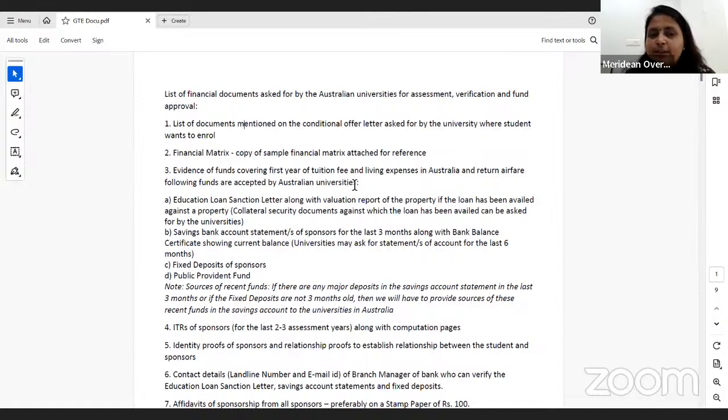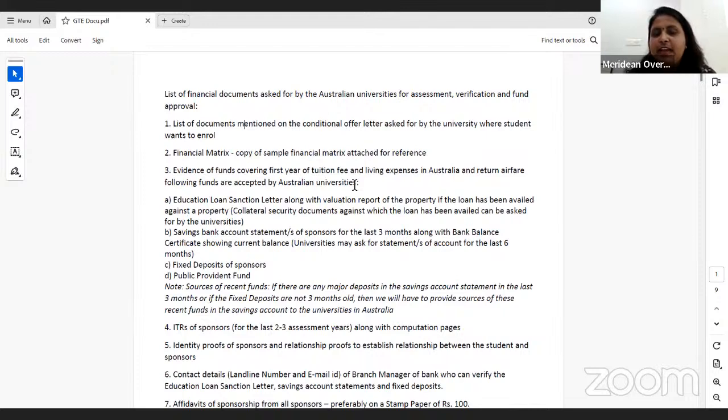When you are filing for GTE, make sure that you have updated statements. Universities are not considering statements that are 15 days backdated or 18 to 20 days backdated. Whenever you are filing for GTE, your documents, your savings account, your FD account should be updated.